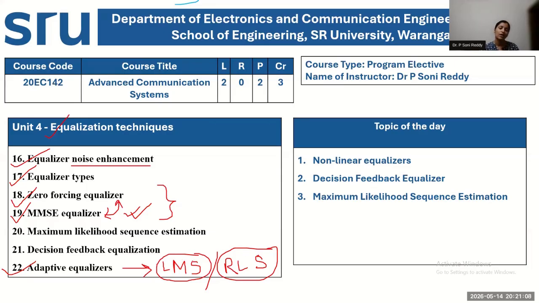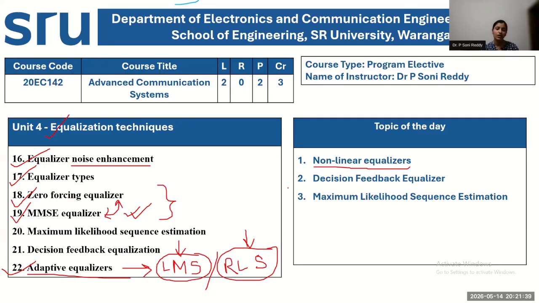So for the time varying nature, we have studied two types. If the channel is slowly varying, then we should use LMS. If it is a fast varying channel, then we should use the RLS adaptive equalizer. We have also studied the block diagram of adaptive equalizers. So everything is covered. We are only left with two topics, which we will cover in my next lecture. That is non-linear equalizers, and how linear and non-linear equalizers are different.